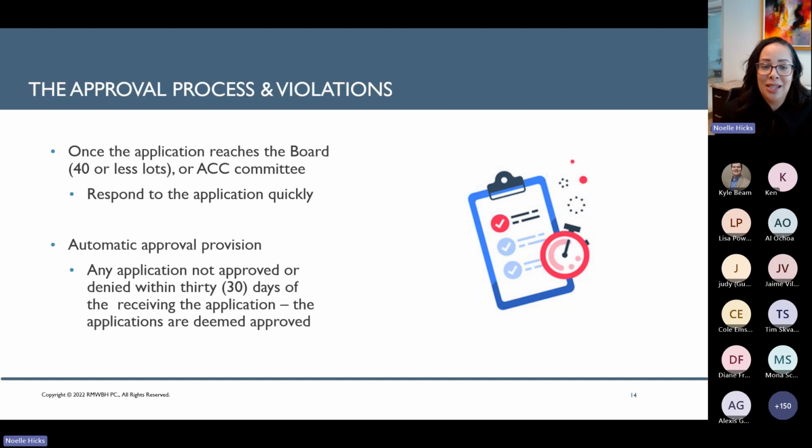And primarily the reason why this is so problematic is because once that application is deemed approved, it becomes extremely difficult, if not impossible, to require an owner to deviate from the approved plans.